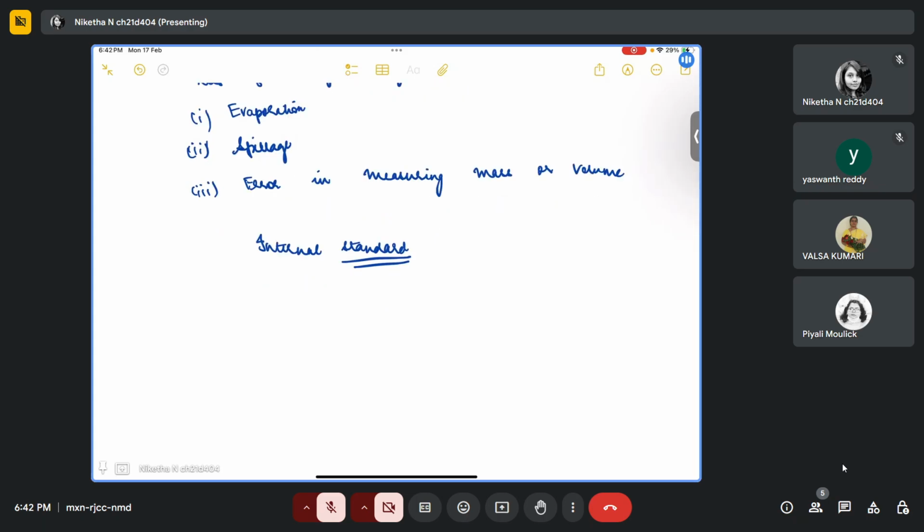So when we say internal standard, what does that mean? It's a chemical added to the liquid or the water. But that can be anything, right? Why do we specifically say it is an internal standard?